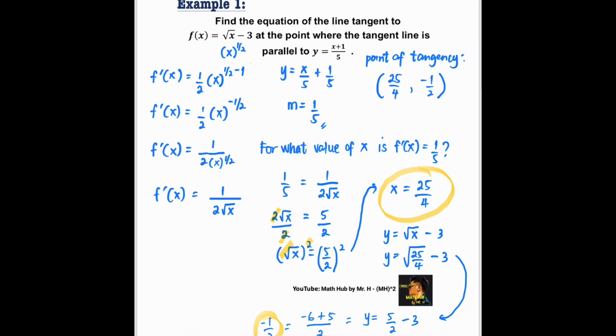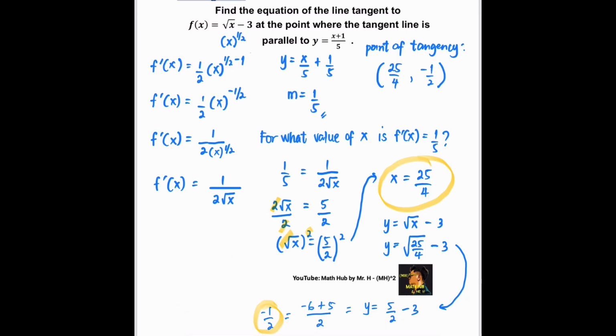All right, since we already got the point of tangency, then we can find the equation of the tangent line, which is parallel to the given line at this point. All right, so I'll be writing down the solution over here on the lower left. In finding the equation of the line, you will be applying the point-slope formula, because we will be substituting the value of the slope and the x-coordinate and y-coordinate of the point of tangency to be able to identify the line.